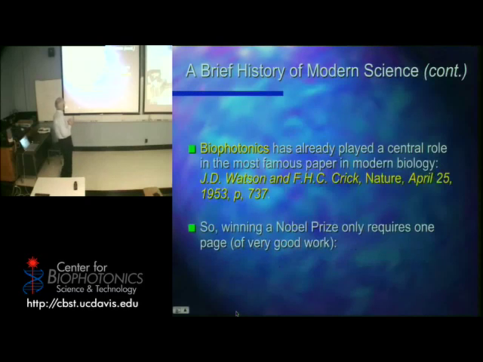And in fact, their paper, April 25th, 1953, page 737, the most famous paper in modern biology, in which they basically took X-ray diffraction patterns that had been made of DNA material, and in a very fierce competition with fellow scientists around the world, decoded the structure that would have created that particular pattern.